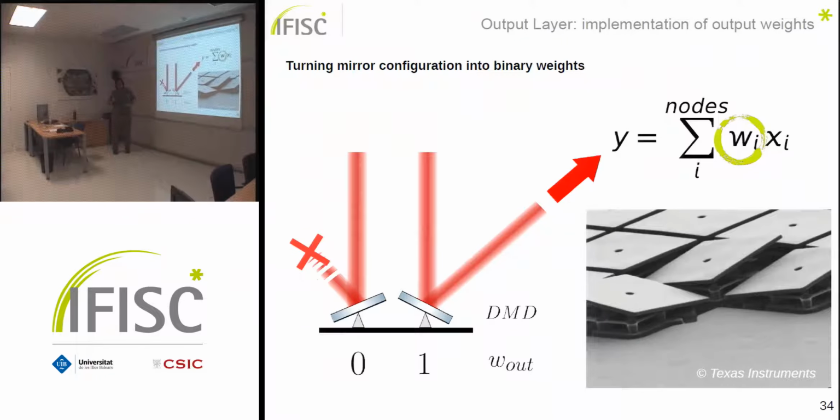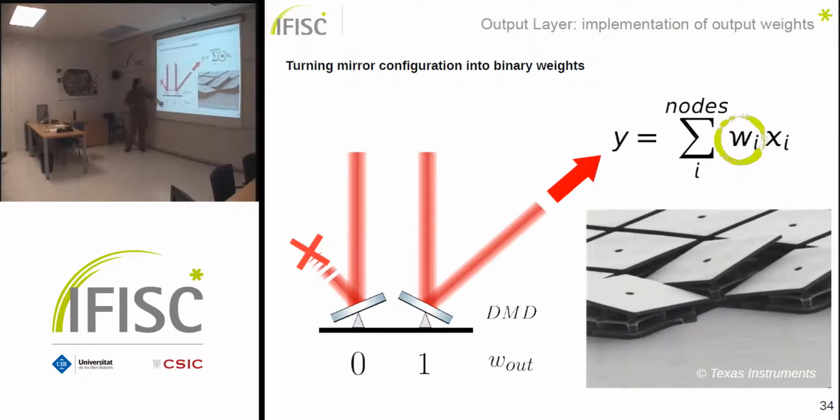What we do to implement our output weights here is to encode the output weight values into the tilting angle of the mirrors. Imagine that the light from the reservoir comes from up, and it illuminates the DMD. The rest of the output layer is in this direction. For example, if the light from a node hits a mirror that is looking in the opposite direction, the light will get lost and will not contribute to the final output of our computer.